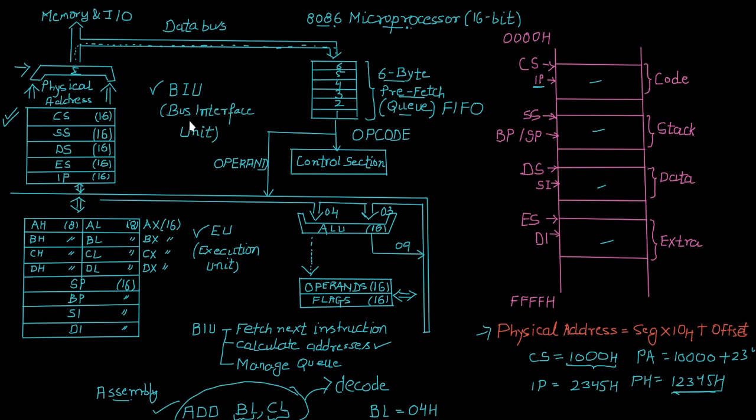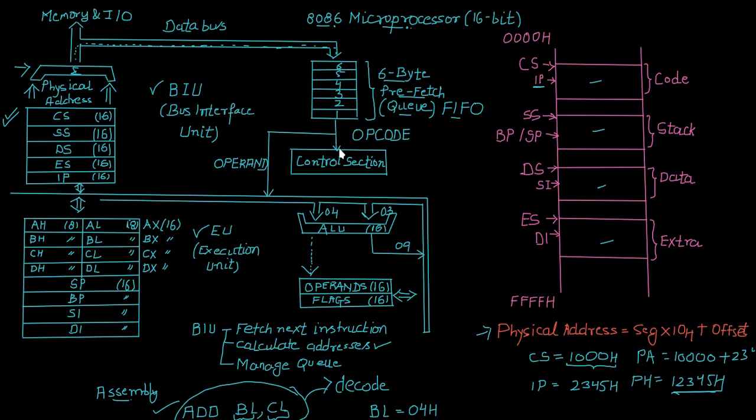The bus interface unit will have these registers and an instruction pointer which will point to the next instruction. The physical address is calculated by this structure, and then the required instruction is passed to the prefetch queue. And the queue will pass the first instruction inserted, because it follows the FIFO format.